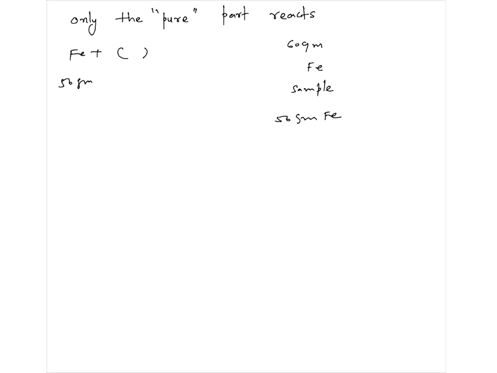So some problems will be based on percentage purity. So suppose you are told that the iron you are using is 100 grams. Iron sample is 100 grams, but it is 40% impure or 60% pure.